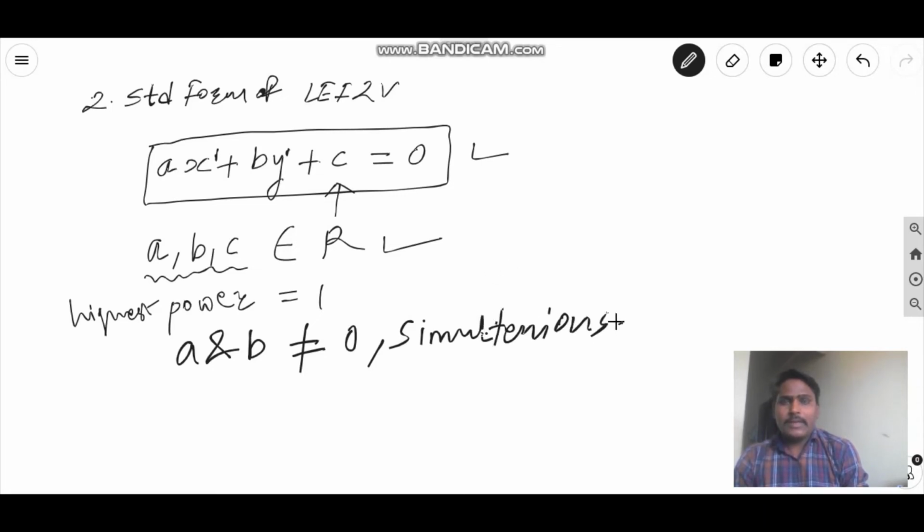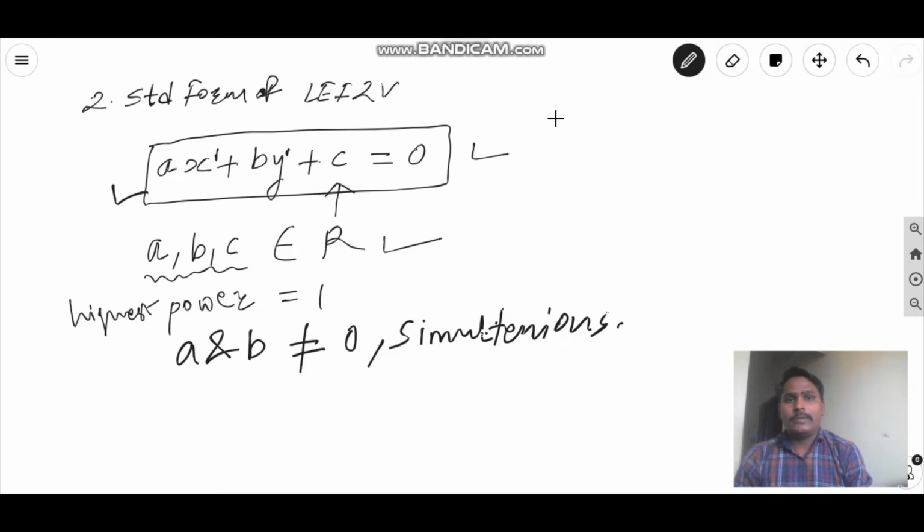So what does that mean? It means that if A and B are both 0 in this equation, then that will not be considered a linear equation in two variables. Now we will see what will happen if these two are simultaneously 0.